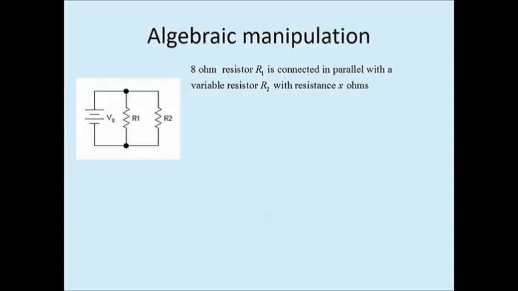So we know that if it is in parallel, it would follow this particular formula: 1 over R total is equal to 1 over R1 plus 1 over R2. And then because R1 is an 8 ohm resistor, it's 1 over 8 plus 1 over X, and this is the answer. But notice, this is 1 over R total is equal to that. So to get R total, I would have to invert that, which then means I have to invert that.